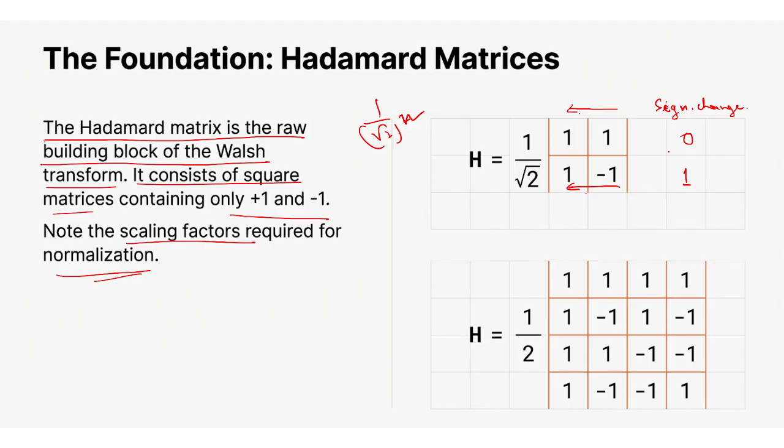Okay. So when I am constructing the Walsh matrix, in the first row, I will be putting the values that appeared in the minimal sign change row. So 1, 1, and then in the second one was 1, -1.